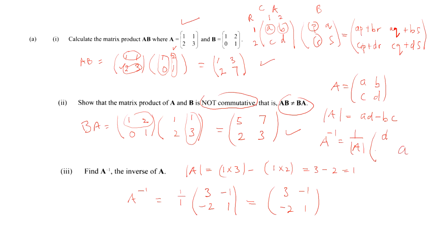That's what we did. I put a minus sign here and a minus sign here. Right? So given any 2 by 2 matrix, this is the inverse. Right? So that's it for the third part.